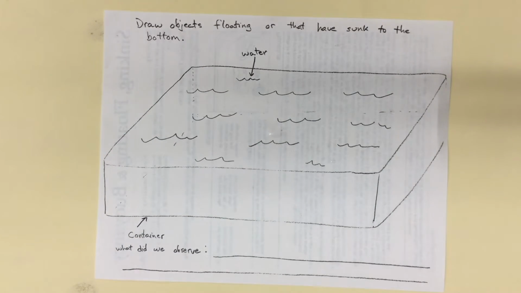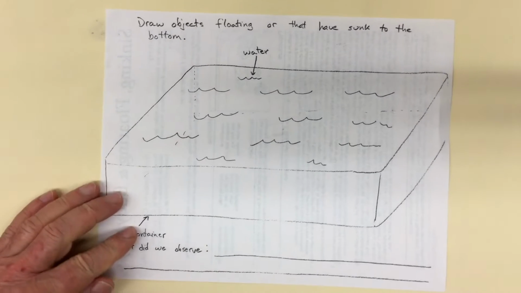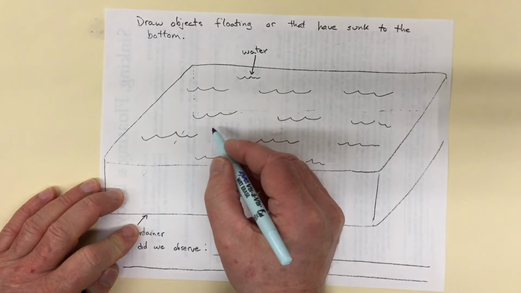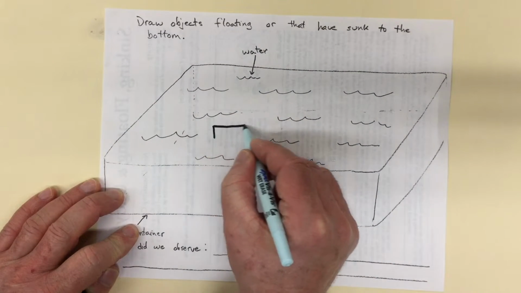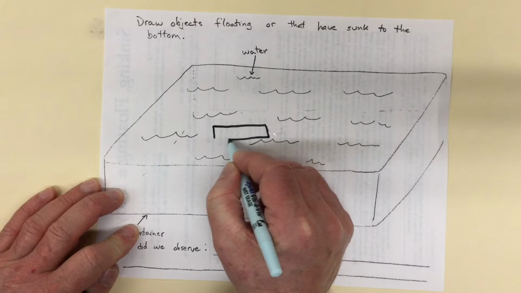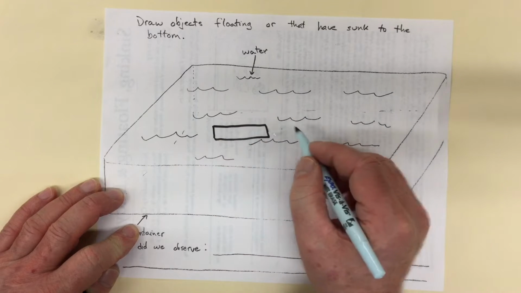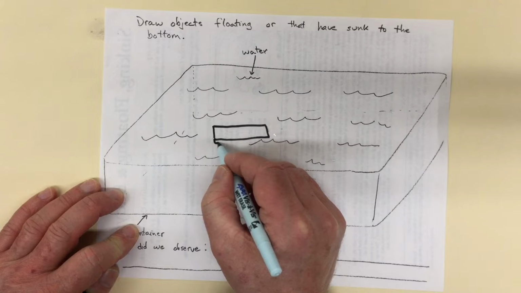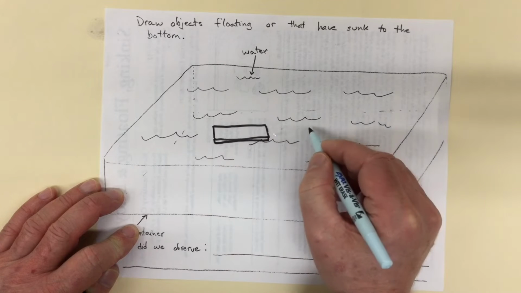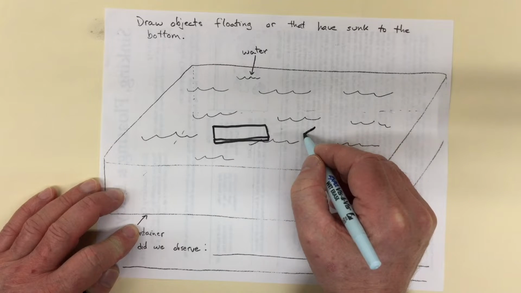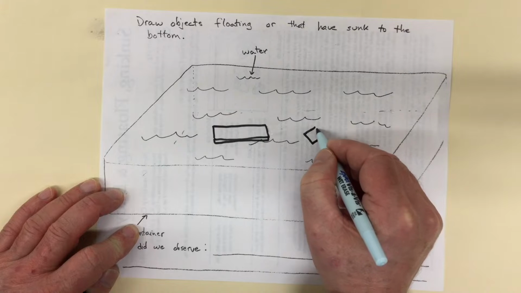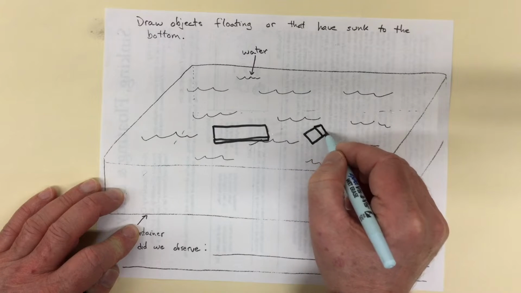Alright, so taking a look at our worksheet, let's draw some of those objects. Let's think of some of the ones that floated. There was the long piece of wood that floated. It was pretty thin. There was the block of wood that floated, although it sort of floated on its side, didn't it?